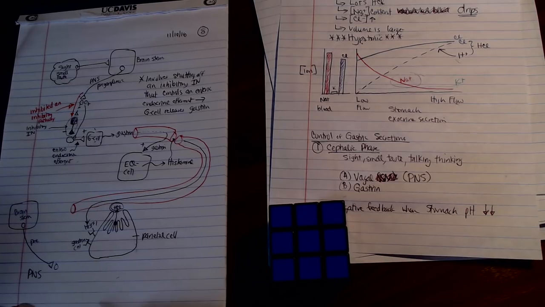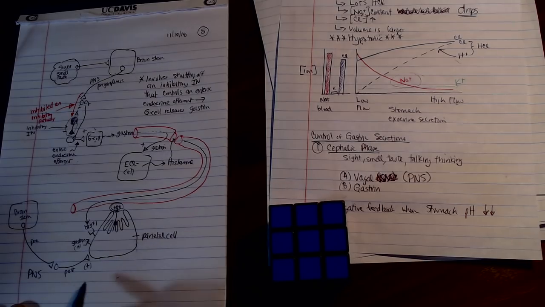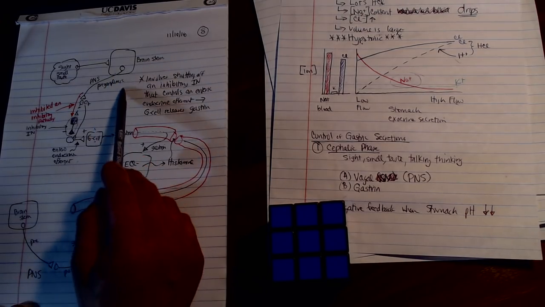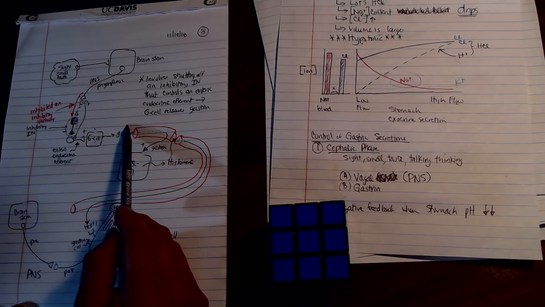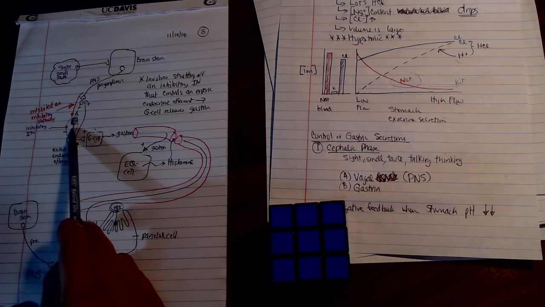There's some evidence that suggests that perhaps the postganglionic neuron may also come along over here like this, and then also directly activate the parietal cell. Okay? So here's the effects. Remember, we have this effect that is mediated sort of through a gastrin pathway. And of course, we had to shut off this inhibitory interneuron.